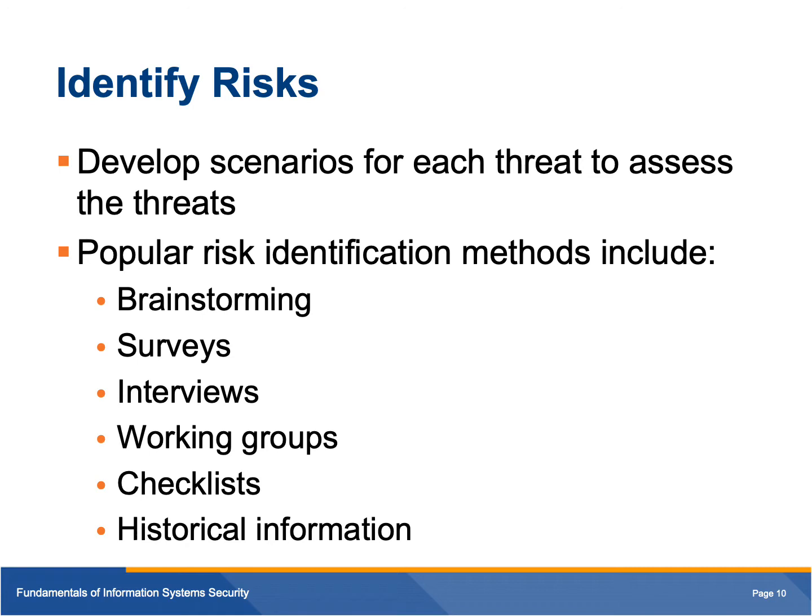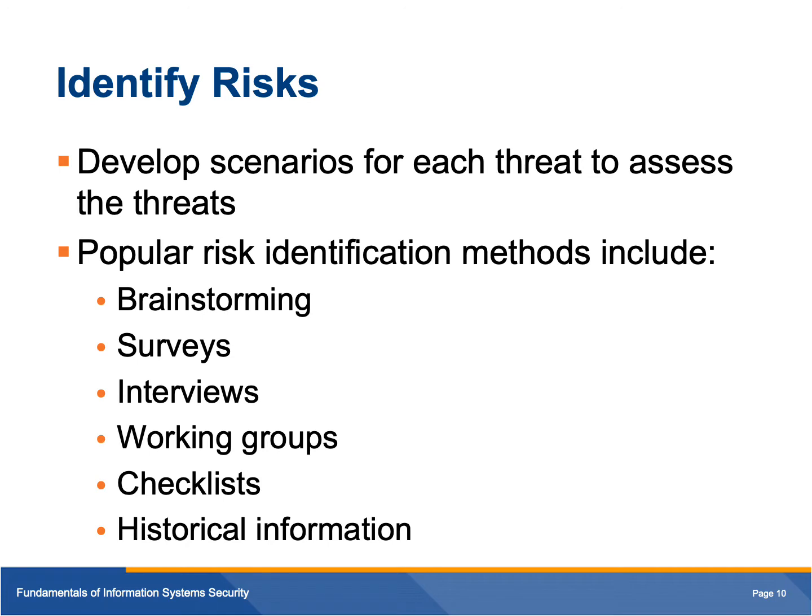So some of the potential ways that this can be done is brainstorming activities, surveys, interviews, working groups, using checklists, or even using historical information, although that has its limits, because just because something has happened in the past is not a guarantee that it'll happen in the future, and there's always going to be a first time.